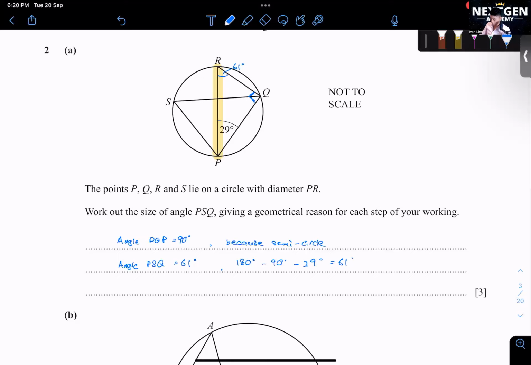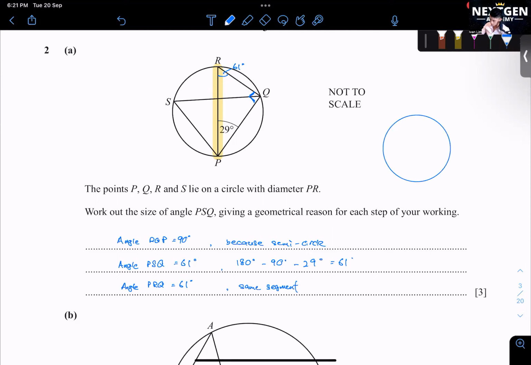Therefore I can say angle PSQ, this is the PRQ. Angle PRQ equals 61 degrees because same segment. Segment means like this.